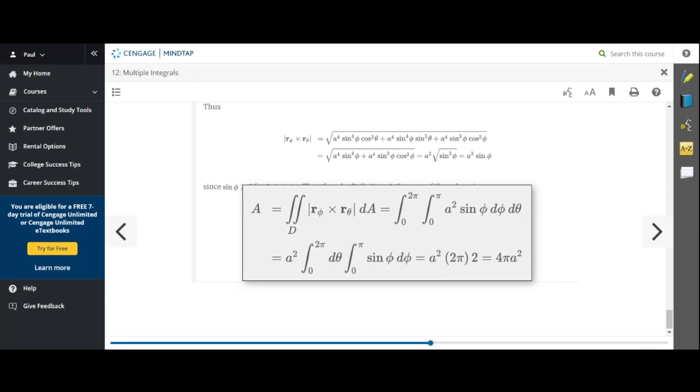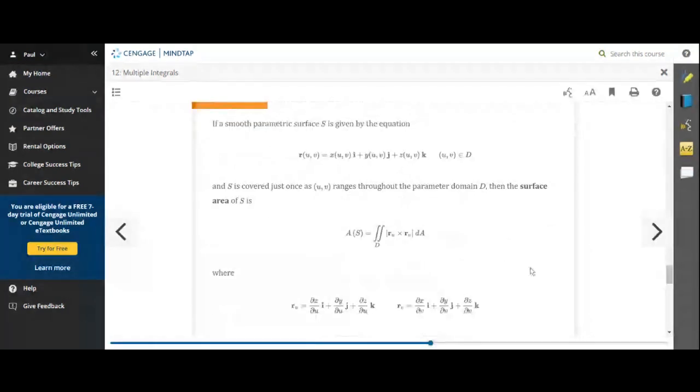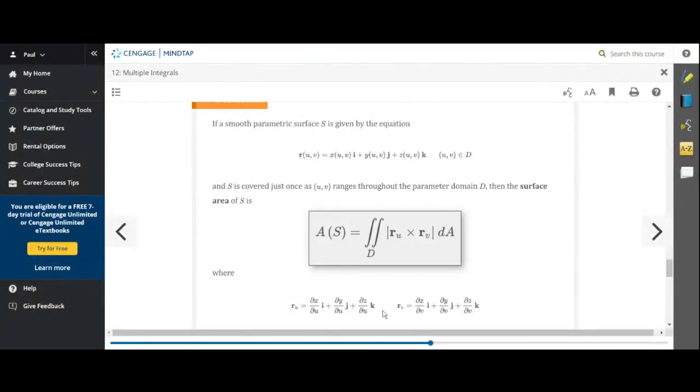So this is fine. We have a very general formula here. This surface area formula is a very general formula. But what happens is, of course, if your surface can be treated as a function of x and y, then this surface area formula can take another form, which students kind of like.